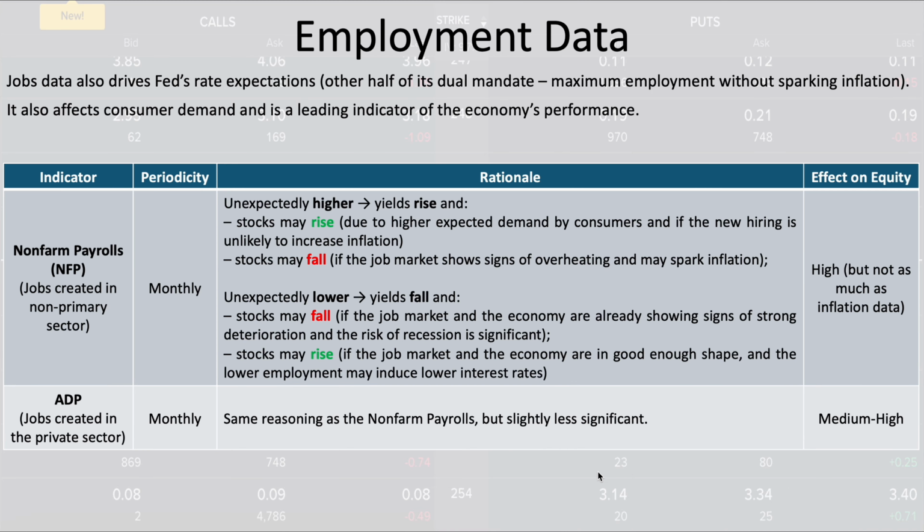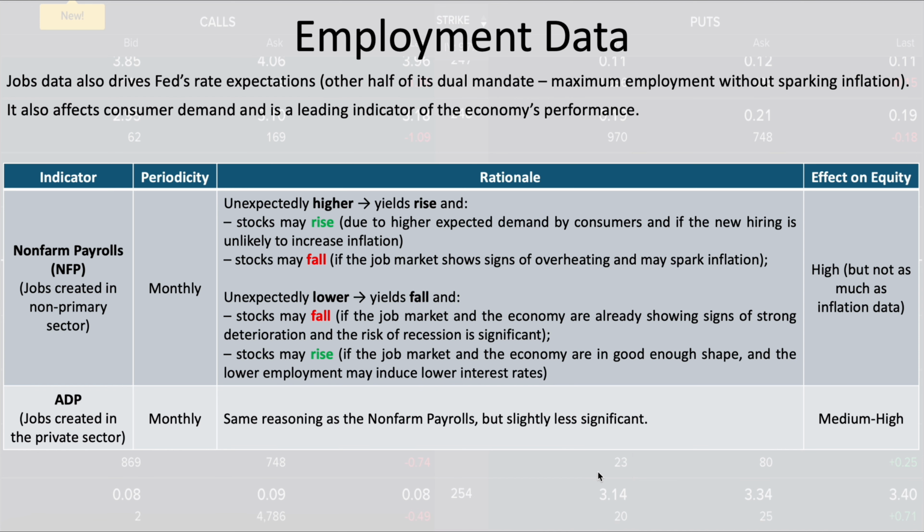So it always depends on the context in which this reading comes up. And as you will see later in the presentation, this is very important even for interpreting other indicators, but we'll get to that.